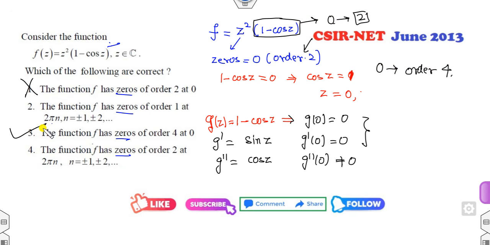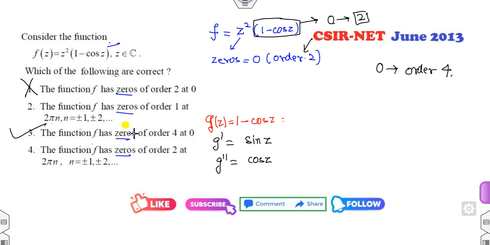The third option is correct. Now look at f having order 1 at 2n pi. Does this function have zeros of order 1 at 2n pi? No. So I will check this one. What is g at 2n pi? Cos of 2n pi is 1, so g is 0.